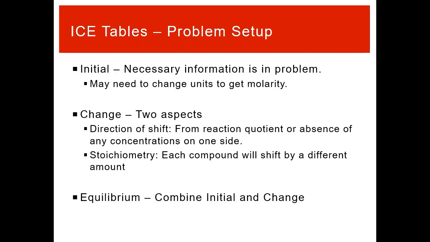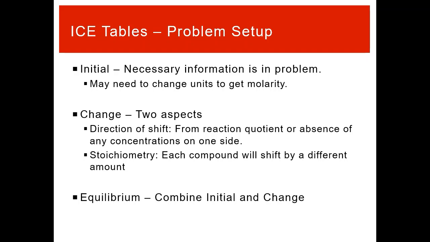So with these ICE tables, the idea is you have initial, then the change, and then equilibrium. Initial information is usually given in the problem. Anytime there's nothing given, you can usually assume it's 0. You may need to change your units to molarity. You could also use pressure units if you're looking at a gas system with Kp. The change has the direction of the shift.